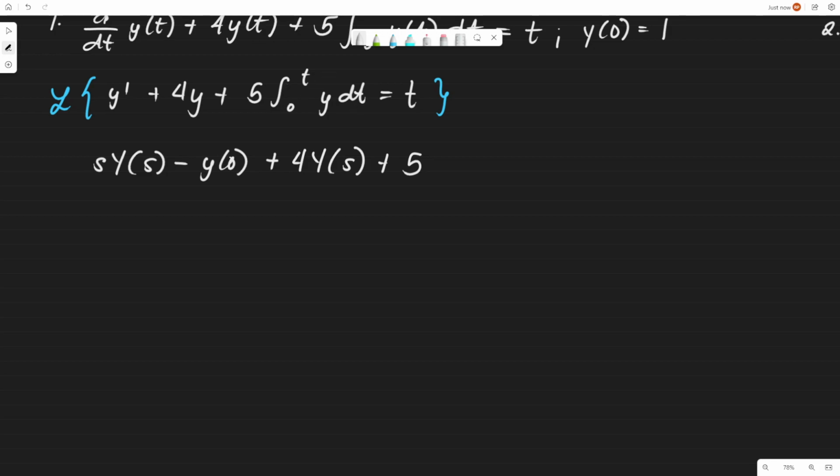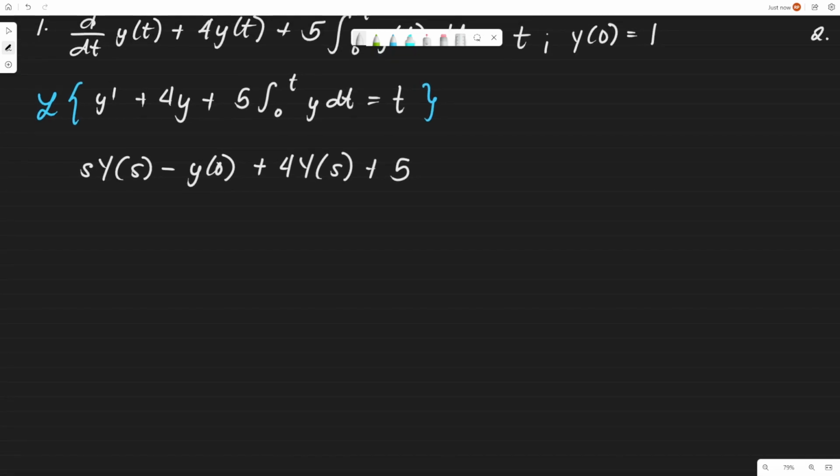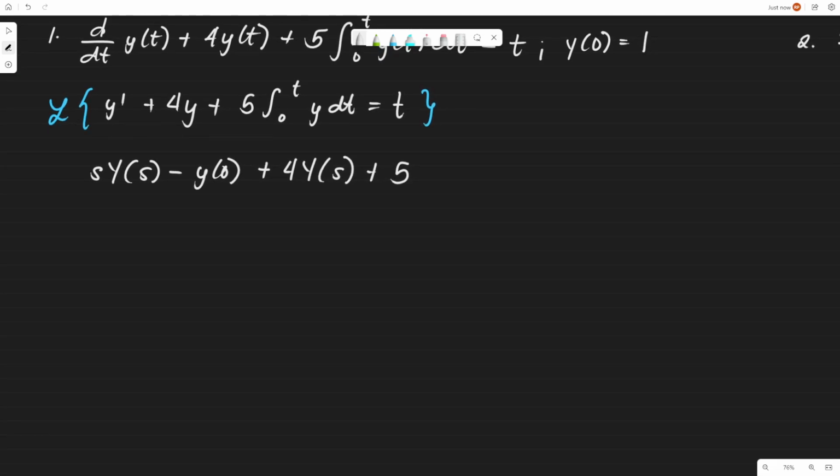So what's the Laplace transform of this one? Diba that's f of s over s. So the Laplace transform of y is simply y of s. So just going to write y of s over s. Ayan. Okay, this is equivalent to 1 over s squared. Kasi diba the Laplace transform of t is 1 over s squared.